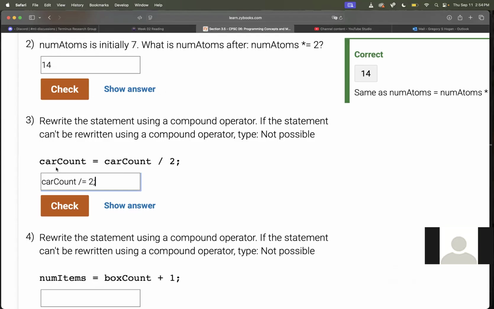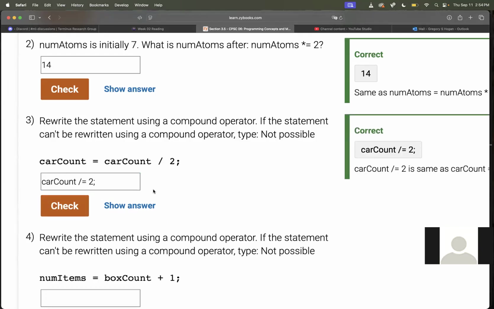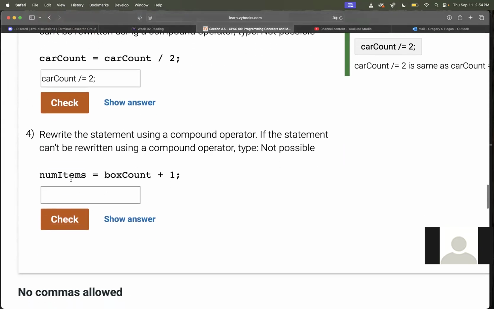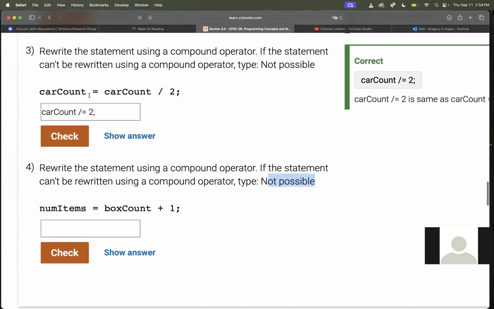So they're teaching you the equivalent notation here, or they're trying to. Num items equals box count plus 1. Not possible, right? Now be careful here. The whole point is this: car count equals car count over 2 divides the value of car count by 2. In order for that to make sense like that, it needs to be the same variable on both sides, right? Then it can be replaced like this.